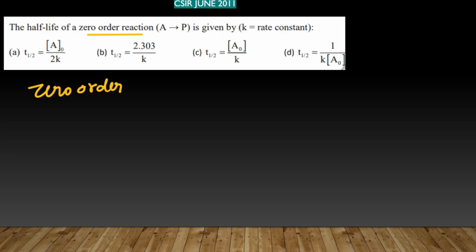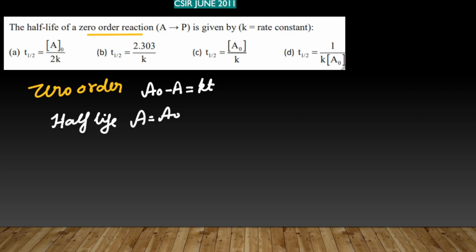We know the integrated rate expression is A naught minus A equals KT. For the half-life, A, the remaining concentration, is equal to A naught by 2, because 50% of the reaction is completed at the half-life.